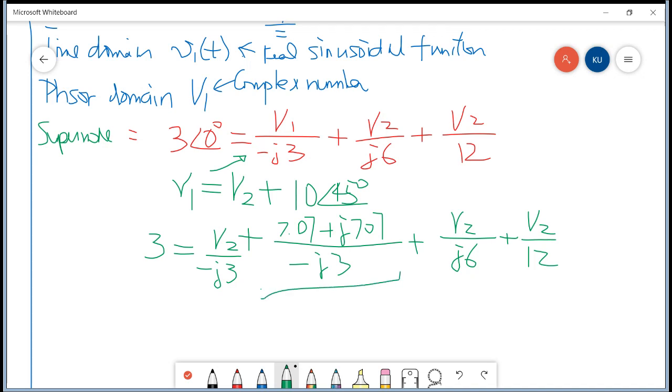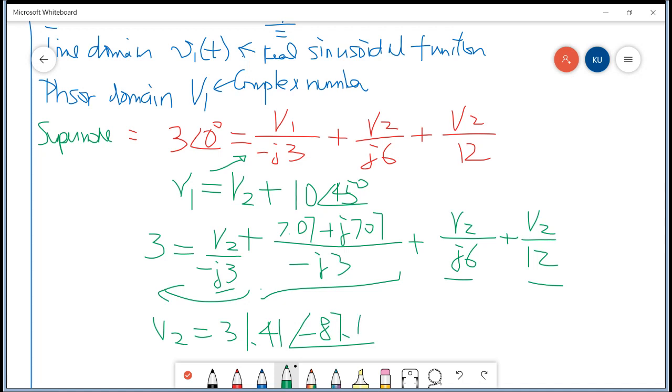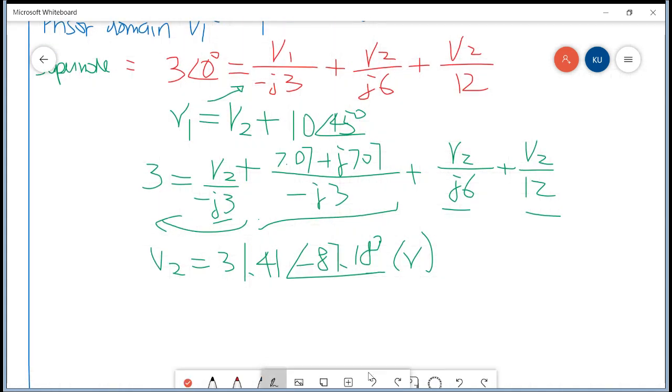This is a complex number, and then we can move it to the left hand side, and then we add this one together, so that finally we can find that V2 would be 31.41 at minus 87.18 degree volt. So this is V2, which we were supposed to find.